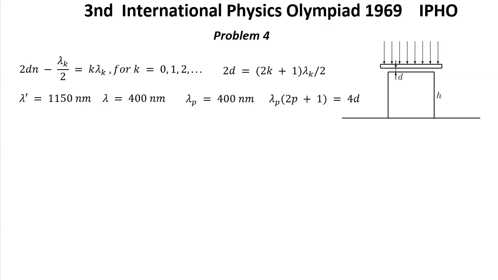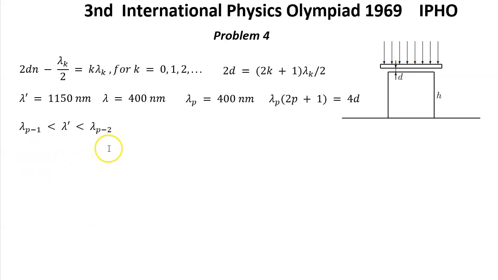The equation yields that for fixed d, the wavelength lambda_k increases with the decreasing maximum order k, and vice versa. According to the assumption, lambda_(p minus 1) must be less than 1150 nanometers, but lambda_(p minus 2) must be greater than 1150 nanometers.